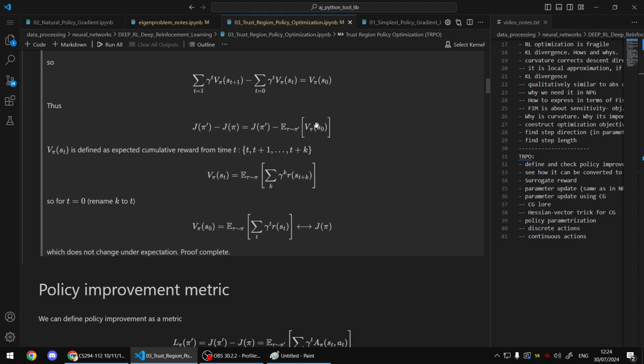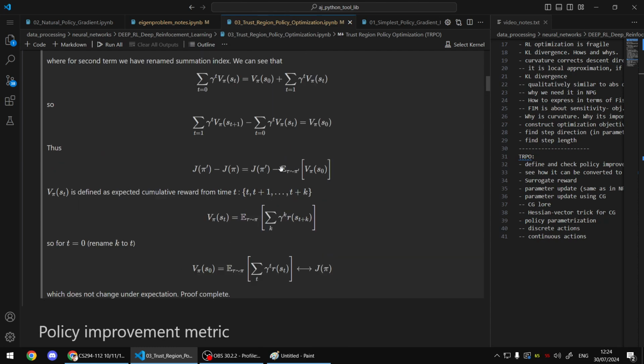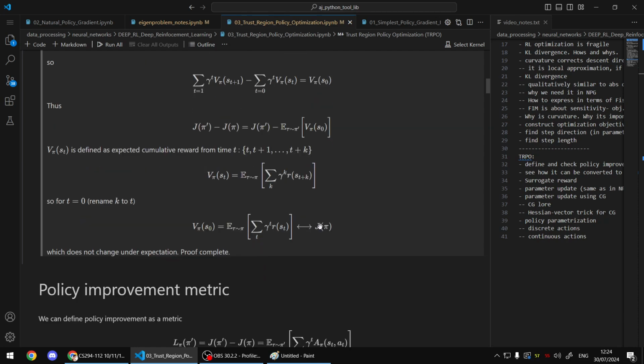And actually in this S0, we just replace t by 0, and it just pops out that this particular term is just a performance measure for policy pi. And then when we take some expectation over some other policy, it's just a constant, basically doesn't depend on that policy.